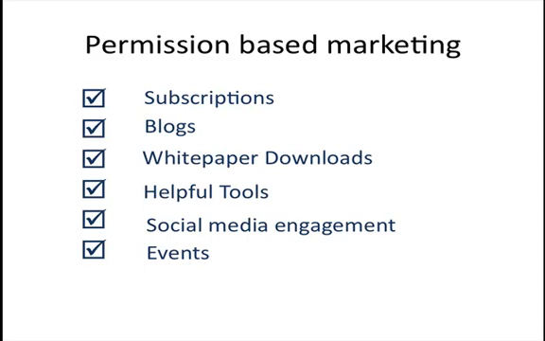Get them to feel your content a little bit first, get them interested, and then introduce them to your email newsletter. White paper downloads, same thing: get them interested in the content, give them a sense of what they're going to get. Helpful tools, other engagement metrics with social media as well.